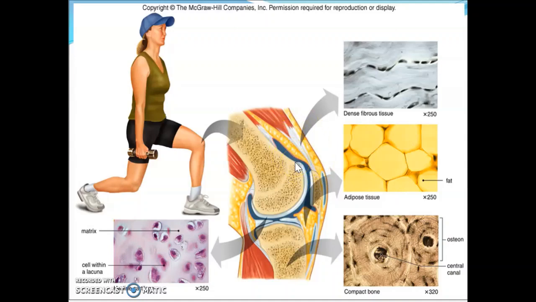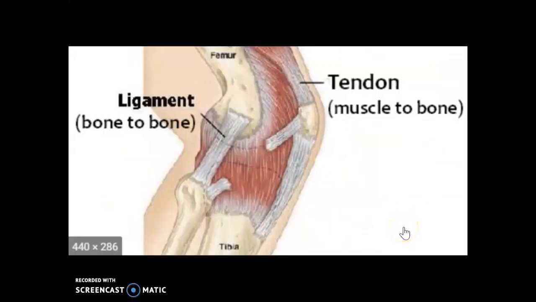A tendon is a connective tissue that connects bones and muscles. Another example of a structure in animals that has dense connective tissue is the ligament. A ligament is a structure that connects bone to bone.